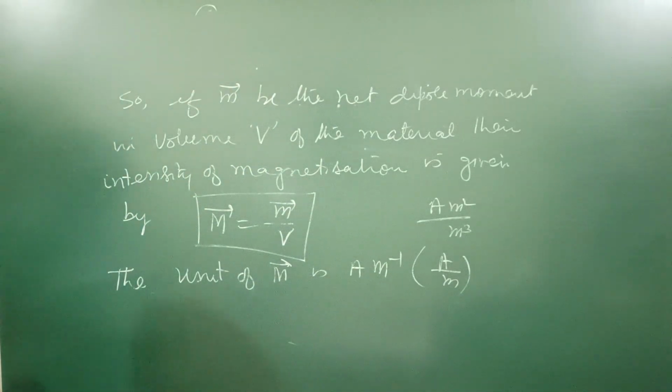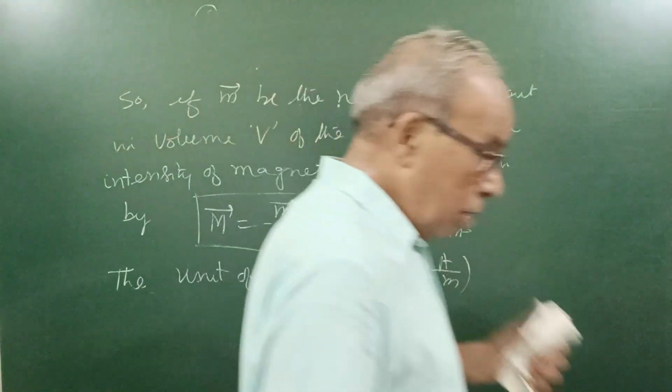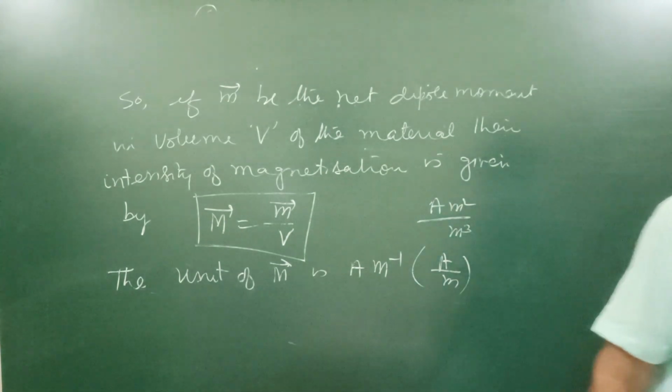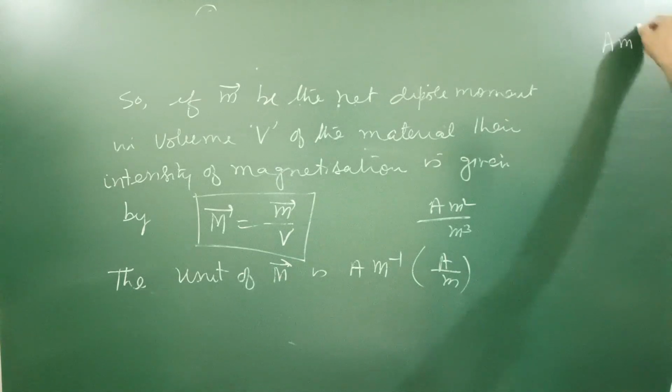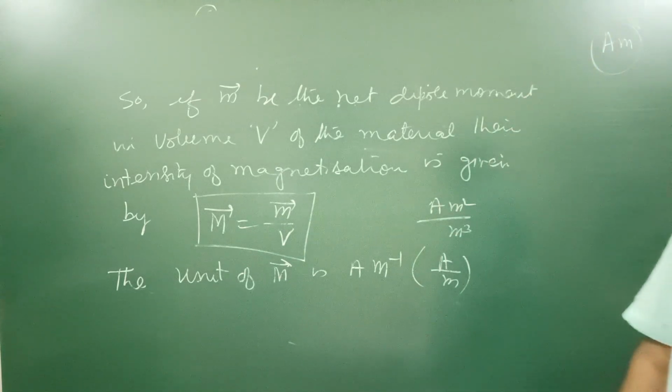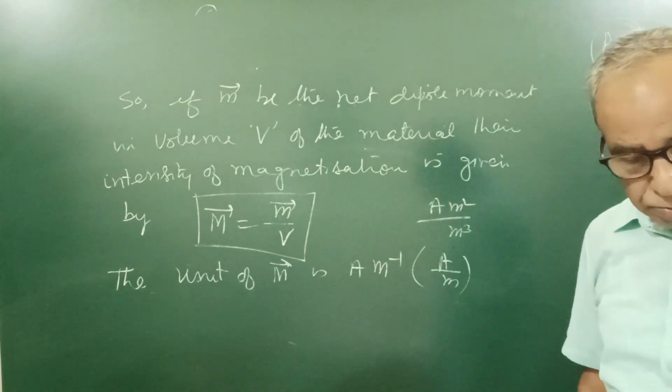Unit of magnetization is ampere per meter. I told you one more unit, ampere meter. Do you remember? Ampere meter is the unit of pole strength.